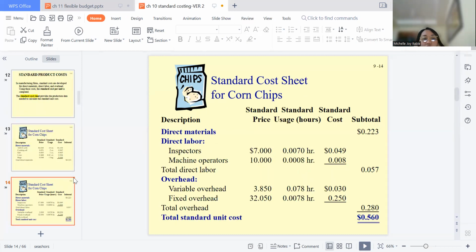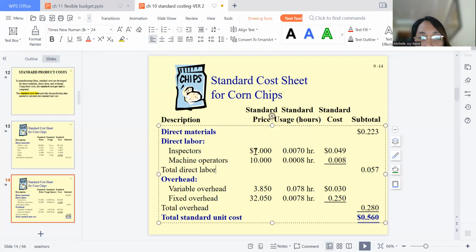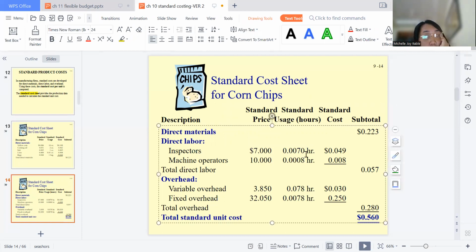And then on this next page, we will find the standard cost sheet for the direct labor hours and overhead. You can see here we have the inspectors and machine operators. The standard prices are 7 and 10. Standard usage in hours is 0.007 hour.